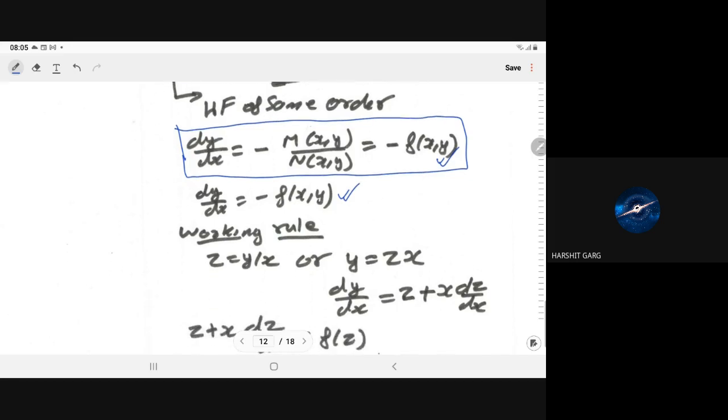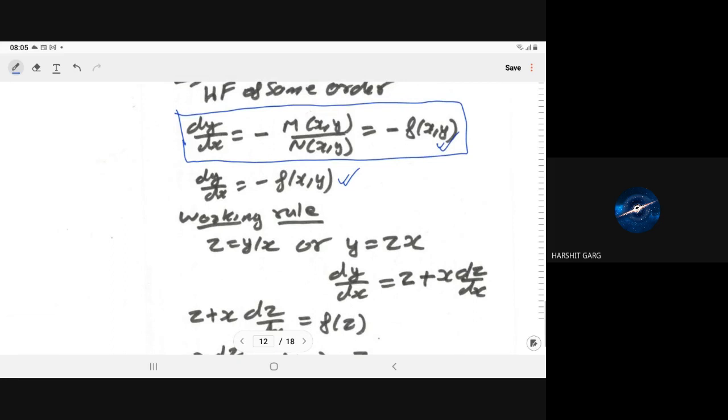Here we assume y over x is equal to z, so y can be written as z times x.